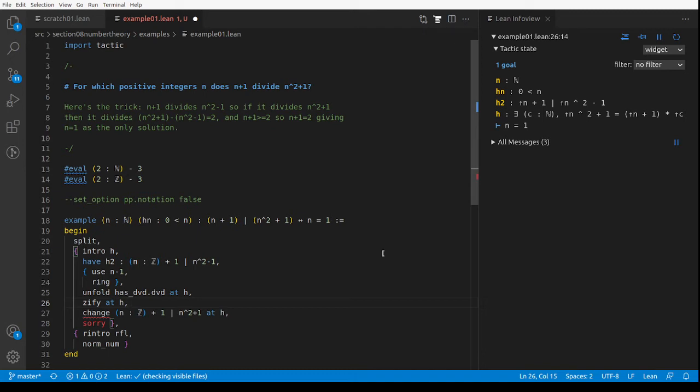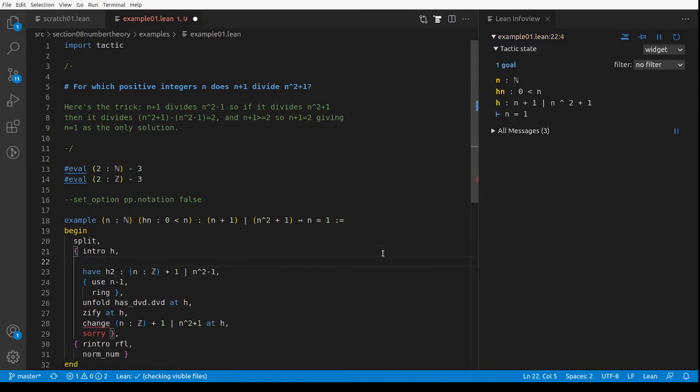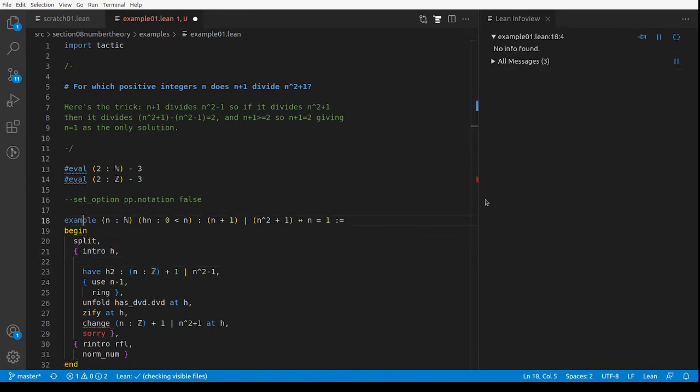What's going on? As you can see, it's kind of a nightmare working with this. Okay, let's not use division. Let's do it this way. So intro h. I'm having trouble using division.